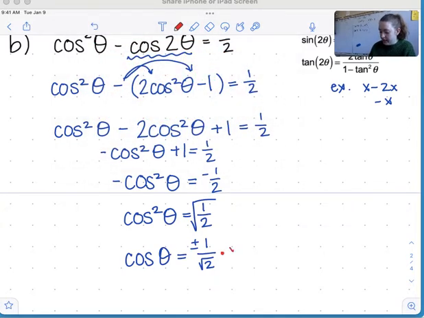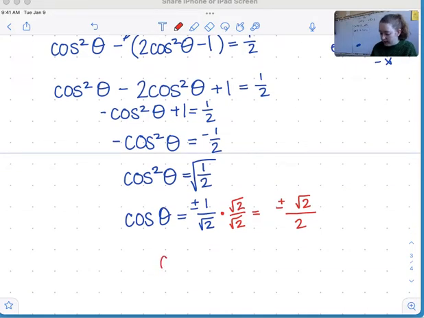So to rationalize, we need to multiply by the square root in the denominator. So 1 times square root of 2 is square root of 2. Keep that plus or minus out front. Square root 2 times square root 2 is 2. So we want to know, where is cosine equal to either positive square root 2 over 2 or negative square root 2 over 2?